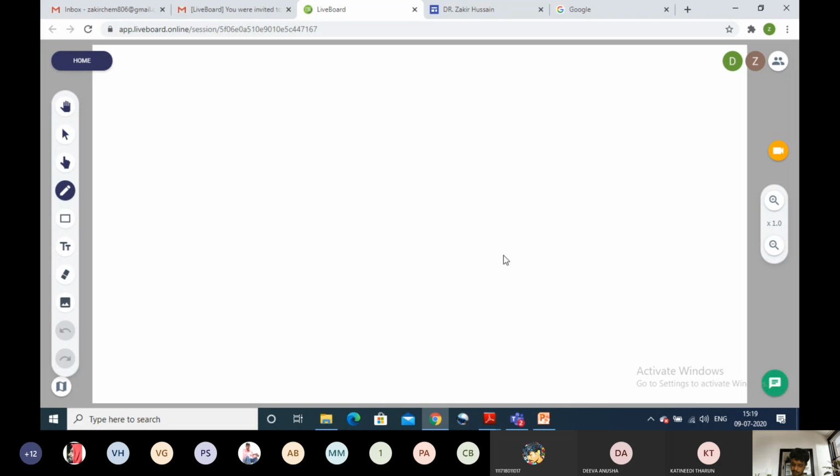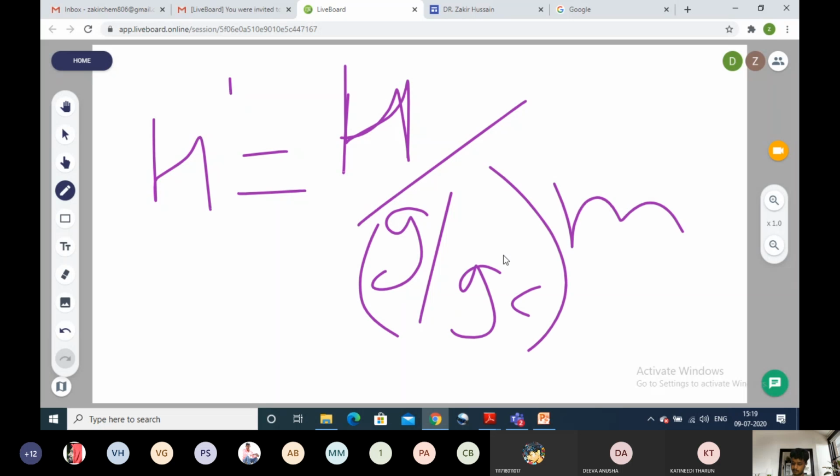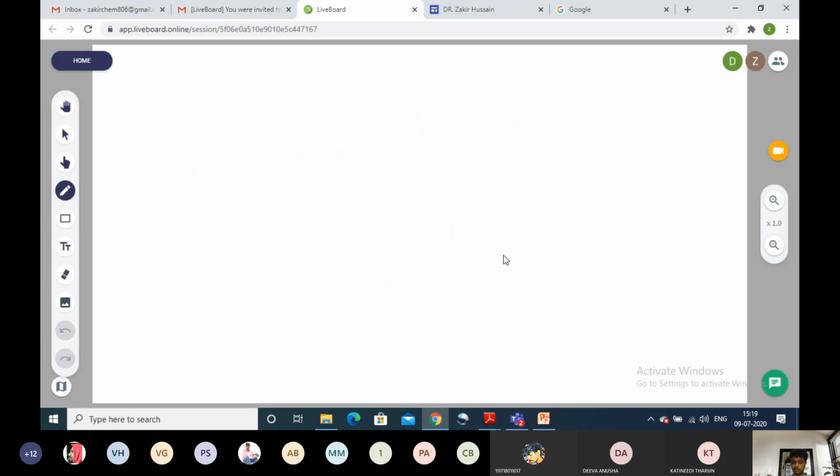Now we can define the variable H dash, or enthalpy at a specific location with respect to our variable system, which is a mechanical equivalent: H divided by G by Gc into mass of the particular propellant. This is the enthalpy definition with respect to our heat quantities, whereas the previous one is with respect to mechanical quantities.